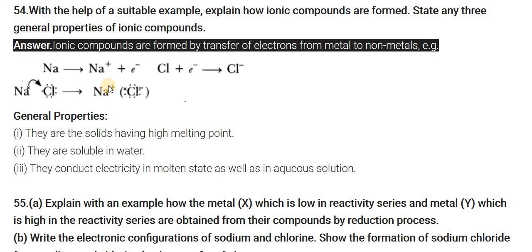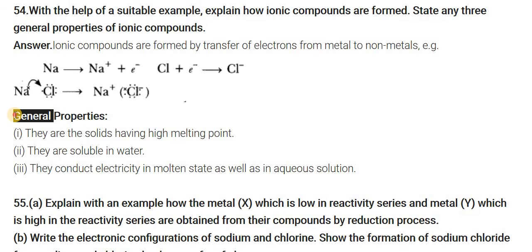So Na+, here you can see that 1 electron donated by Na is denoted by the cross, and the remaining 7 are of Cl. So the compound NaCl is formed by the transfer of the electron. That's why it is known as an ionic compound.